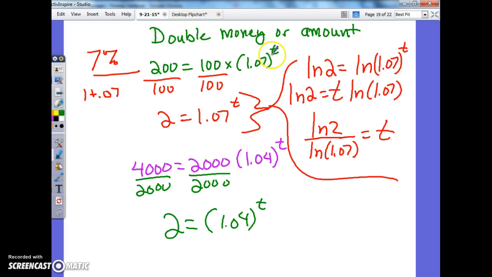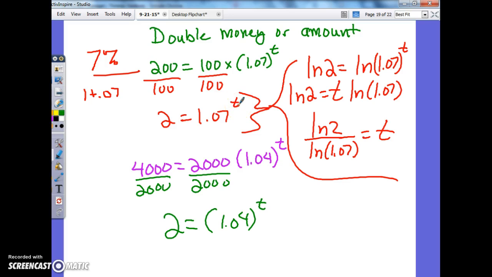I want to solve for how long it takes to double my money. If I divide both sides by 100, I'm left with 2 equals 1.07 to some exponent t.